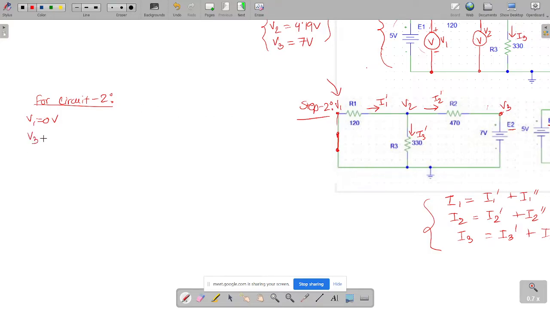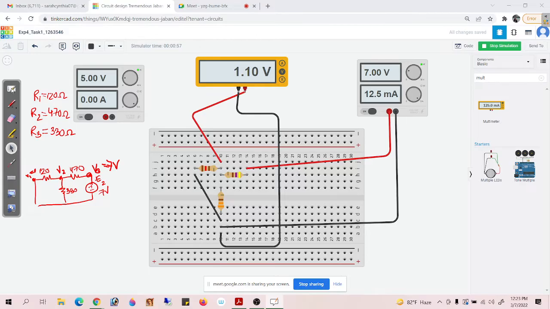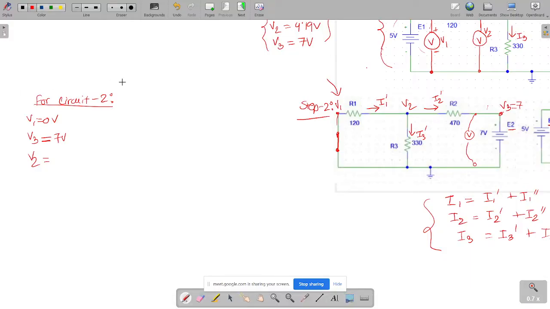V3 is, we have previously found out that if we connect a voltmeter over here, it will give us the value of E2, right? So V3 will be equal to 7 volt. So V3 is 7 volt, and V2, I have just right now measured it. It is about 1.1 volt. So it is 1.1 volt.